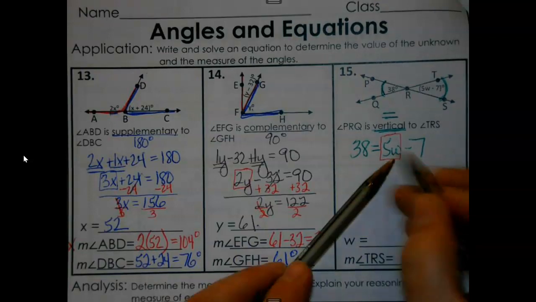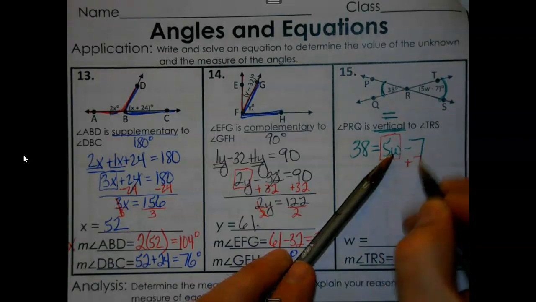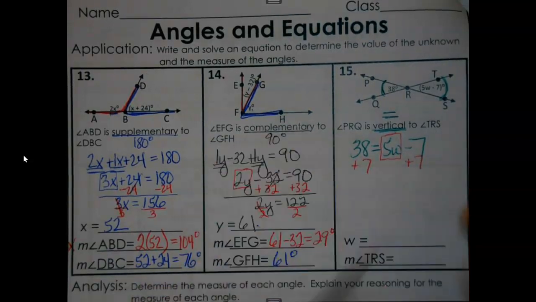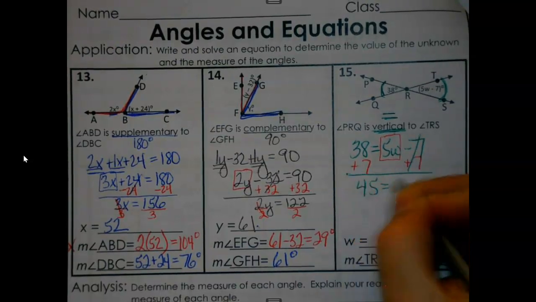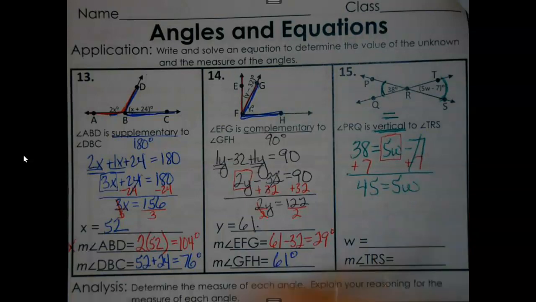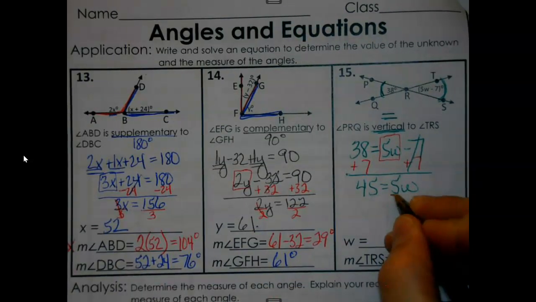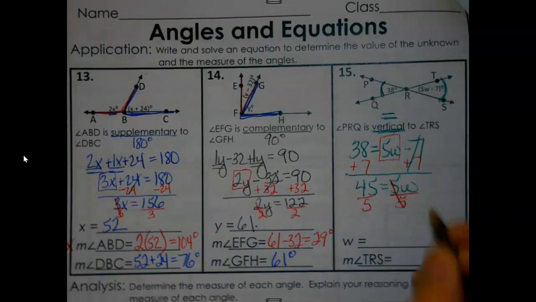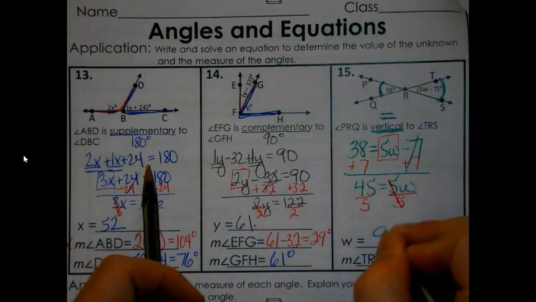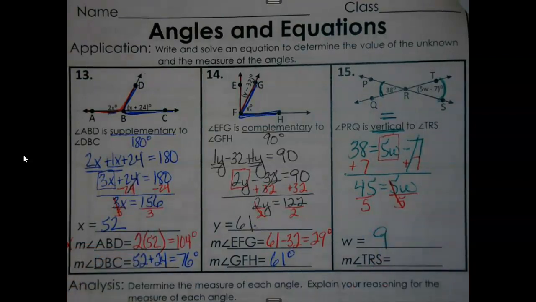And now again, whatever's on the same side with the W. And just take your time doing your opposites until you get to the end.